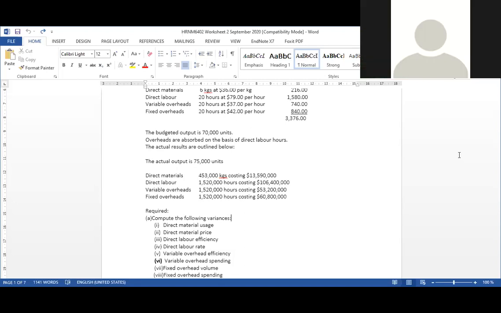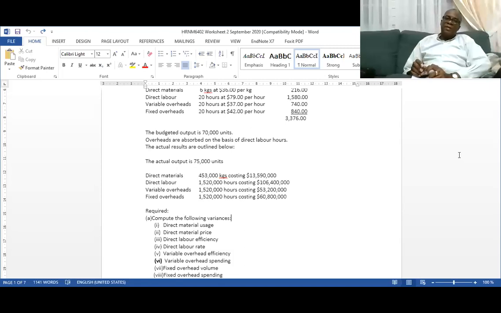Because I was thinking about the negative, and I'm saying if it's negative, that means it's bad, which is adverse. So thank you, sir. That doesn't count. It is looking at your budgeted, looking at your actual, and if the actual is greater, if I've produced more, intuitively we can appreciate it.